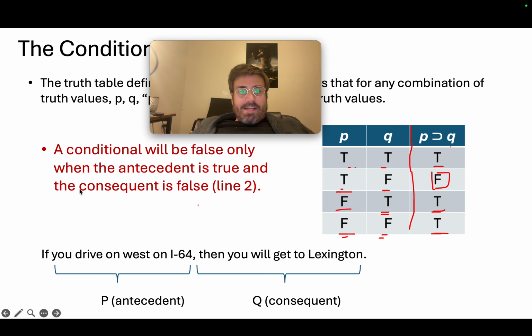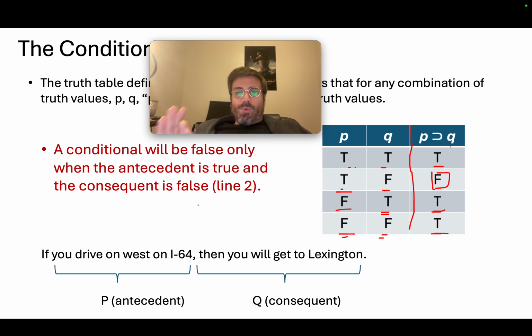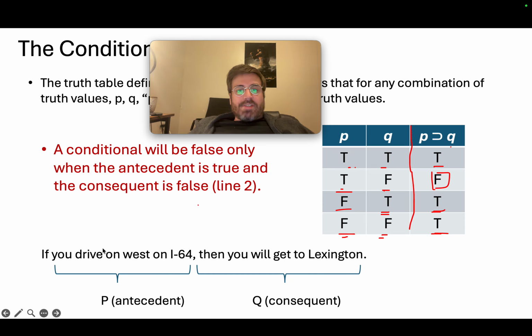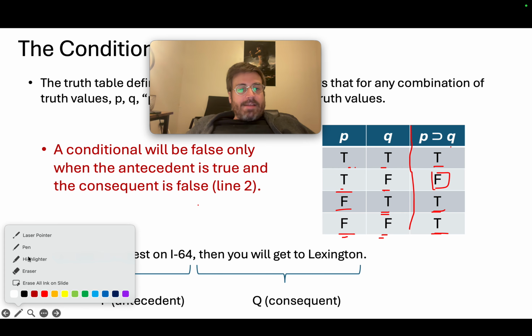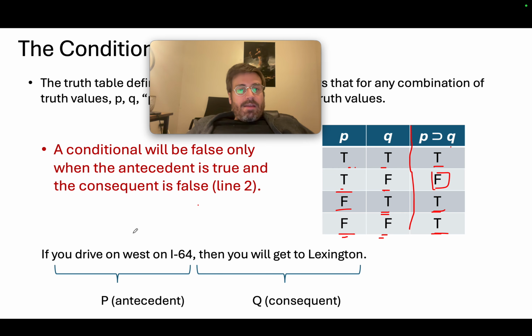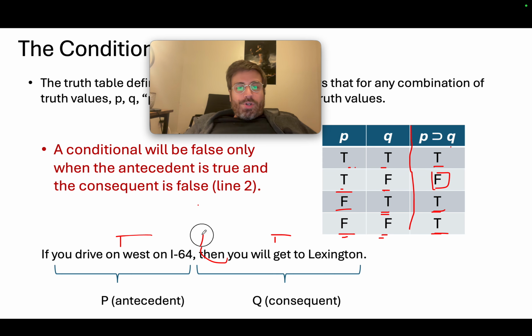So if we look at this sentence, if you drive west on I-64, then you will get to Lexington. If we parse this out into an antecedent P and a consequent Q, so long as you're driving west on I-64, so long as this antecedent is true and this consequent is true, then we know that the horseshoe, the main operator, is true as a whole.